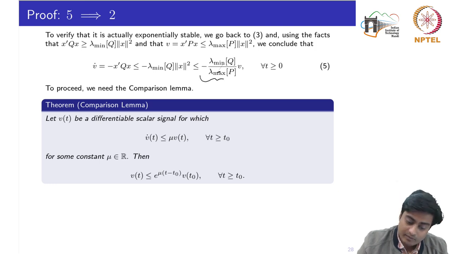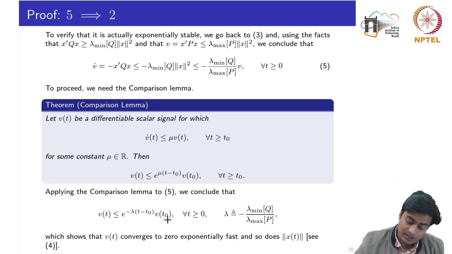So let's define this part as mu. You can visualize now that V dot is less than or equal to mu V. If V satisfies this, then it should satisfy this. So I just write this down.